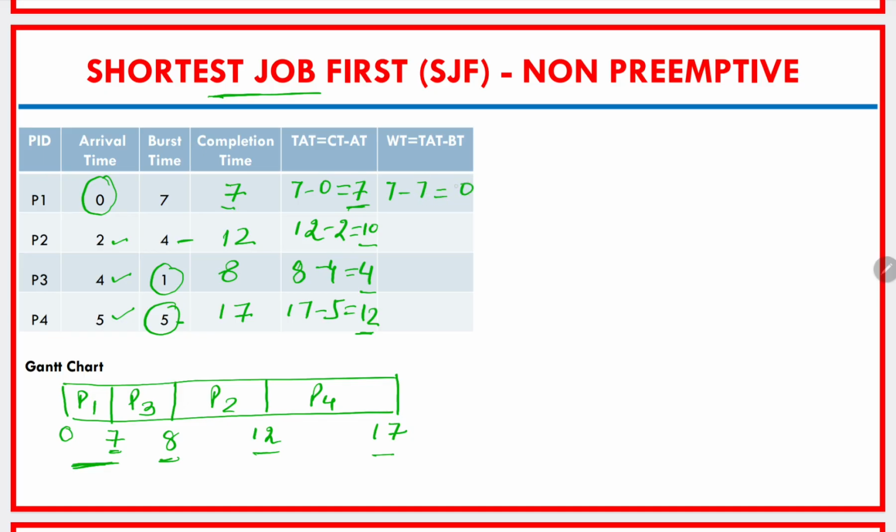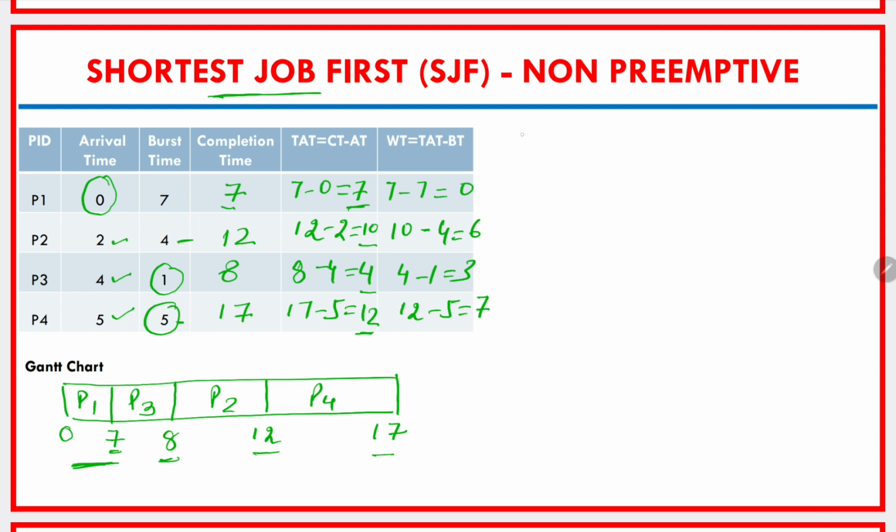So waiting time is 0. In this case, it is 10 minus 4. So waiting time is 6. In this case, it is 4 minus 1. So it is 3. And for P4, turnaround time is 12 and burst time is 5. So this comes out to be 7.